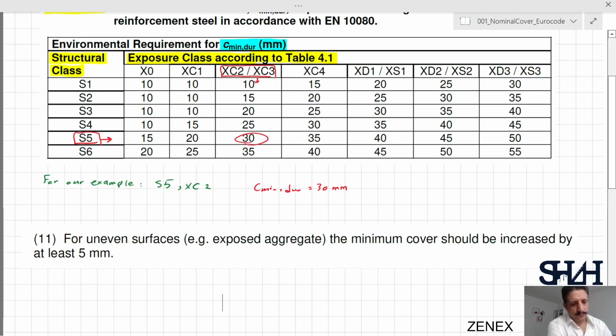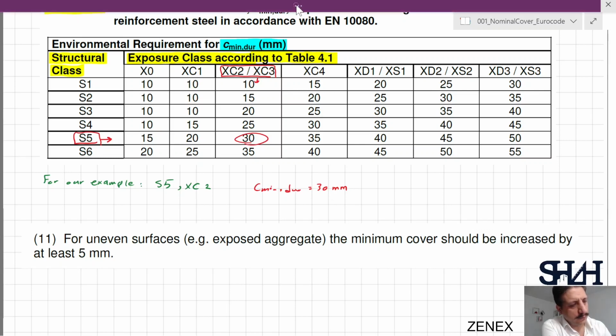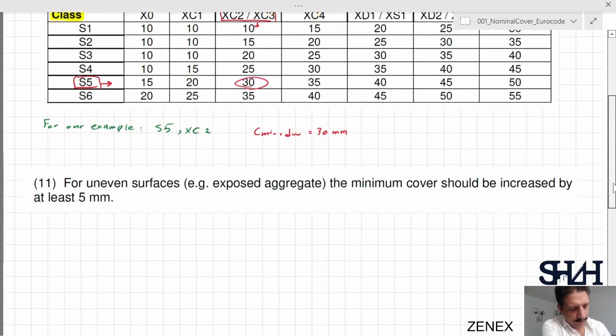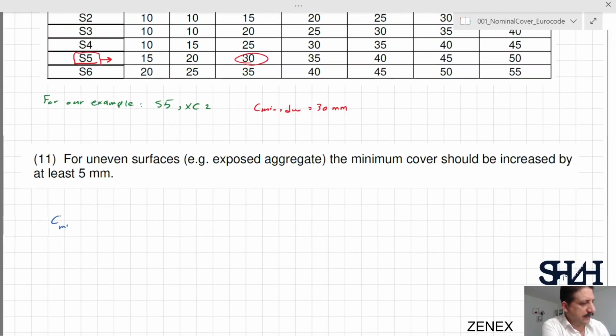So again, coming back to our first equation, C minimum is always the maximum value of C minimum bond, C minimum durability, and 10 millimeter.